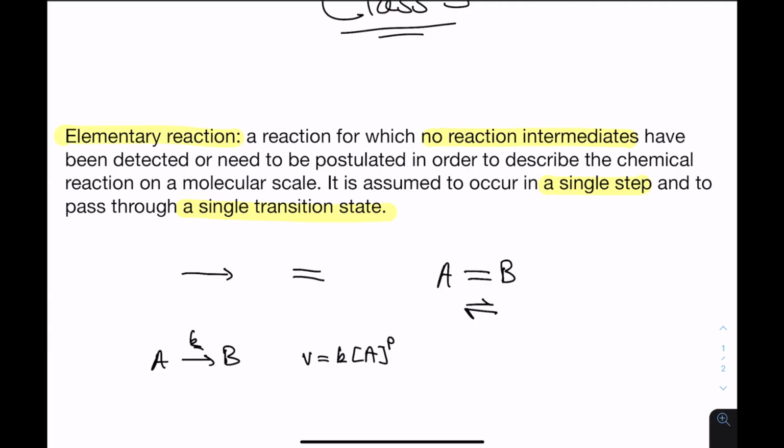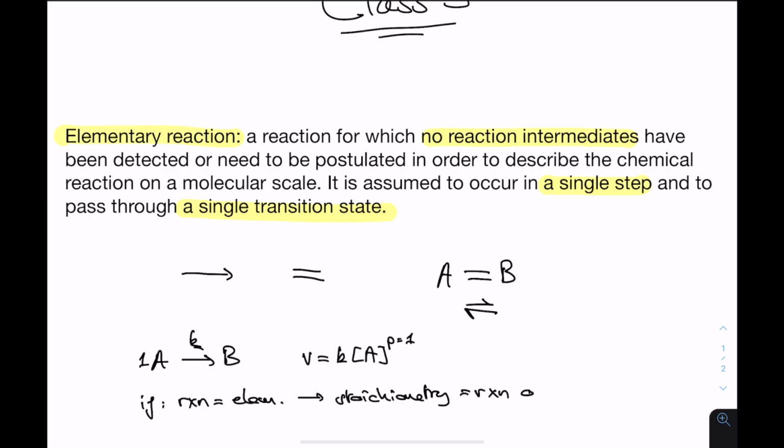So in this case, we have 1, then p will be 1. So you can reason, if you know that the reaction is elementary, then the stoichiometry equals the reaction order in A or whatever other species.